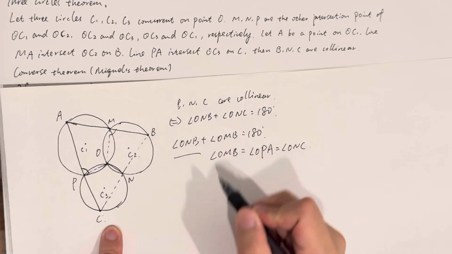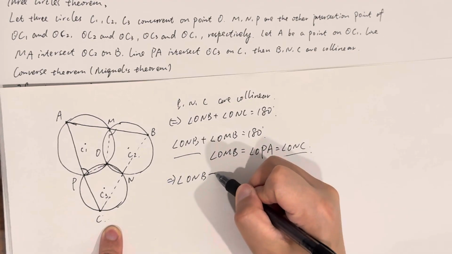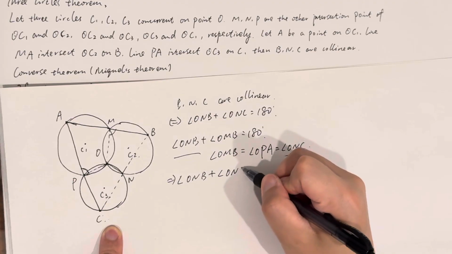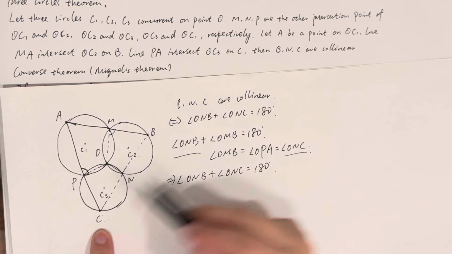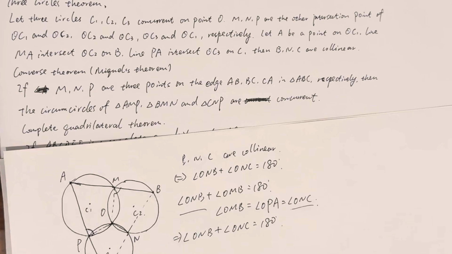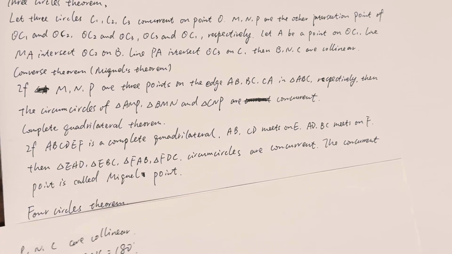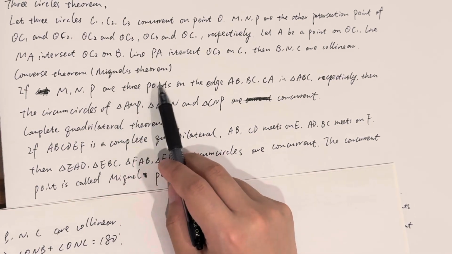Right? That means angle ONB plus angle ONC equals 180 degrees, which means B, N and C are collinear. Okay, that's the three-circle theorem. And let's see the converse theorem. That's what we usually call Miquel's theorem.